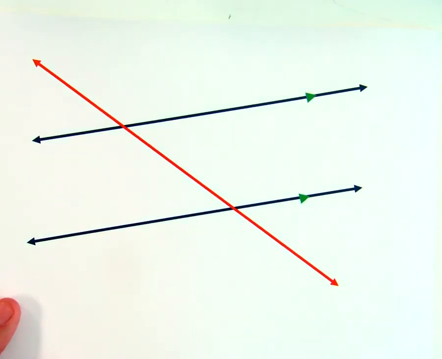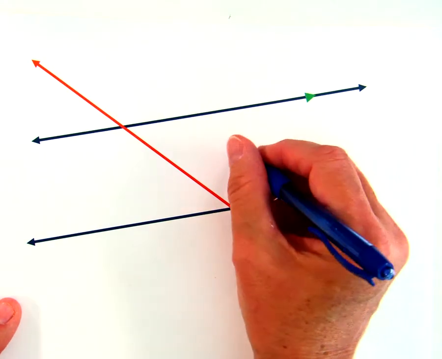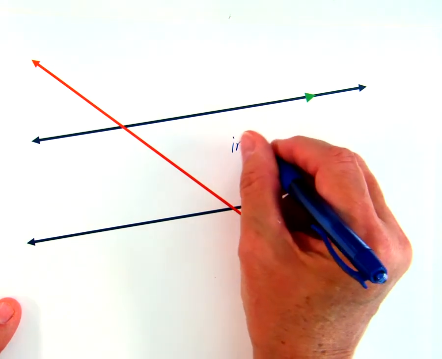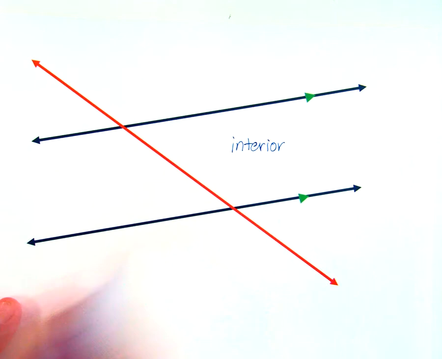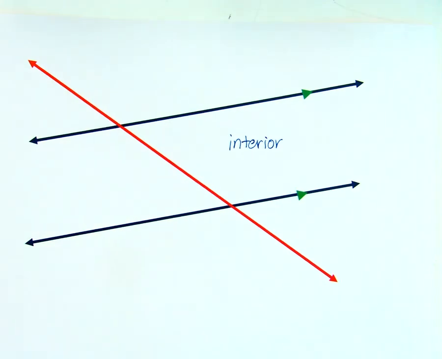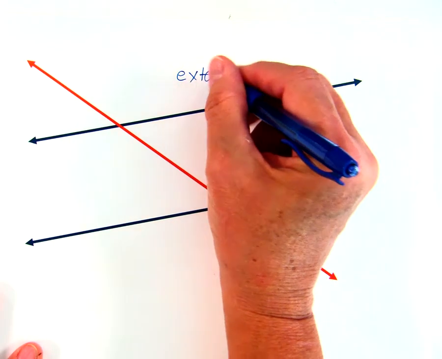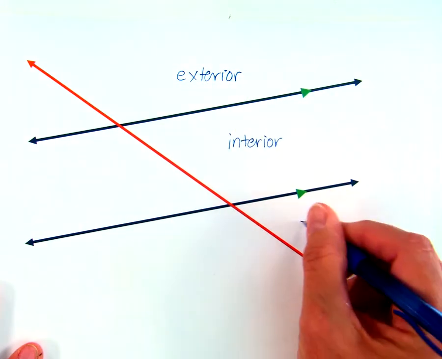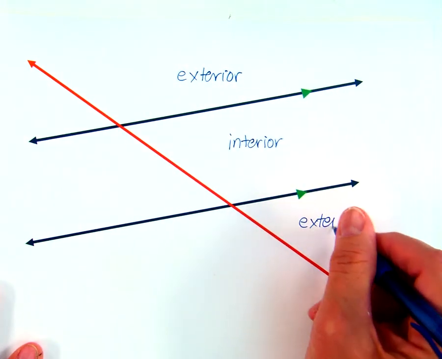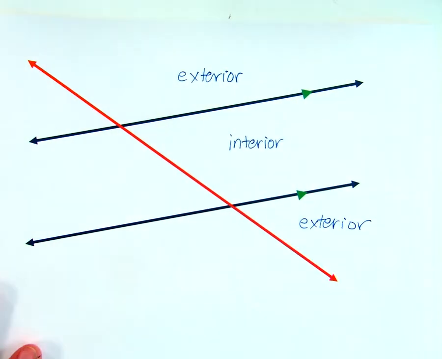Between them, inside, we're going to call interior. So one way we will describe the angles on these lines is that they are interior angles between the two parallel lines. Now, it may be obvious, but the ones that are not interior are exterior, whether above or below. Please make sure you mark in your cipher what we're doing.